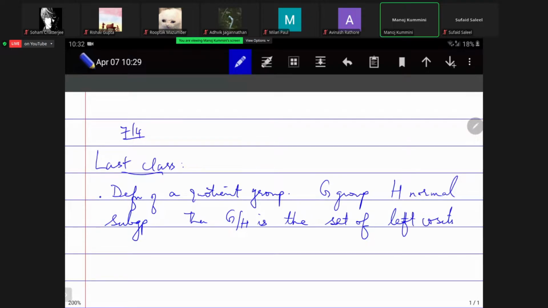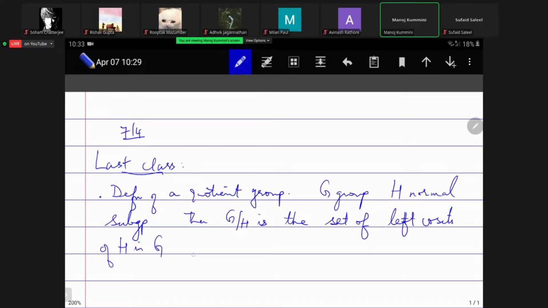I mean, we write it like that only to satisfy our desire to be precise, but it's actually also right cosets. But yeah, left cosets of H in G.